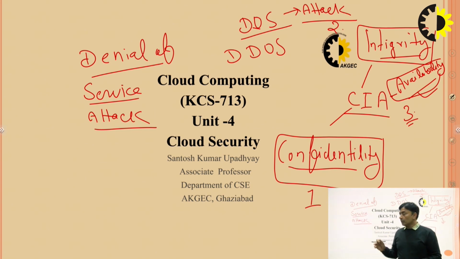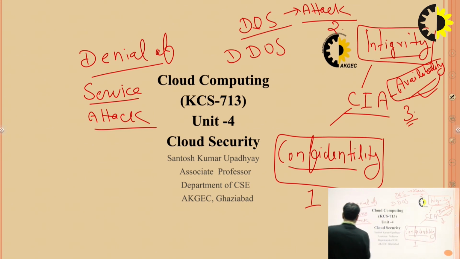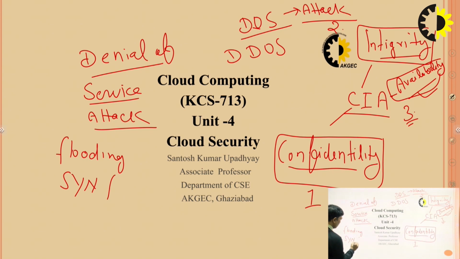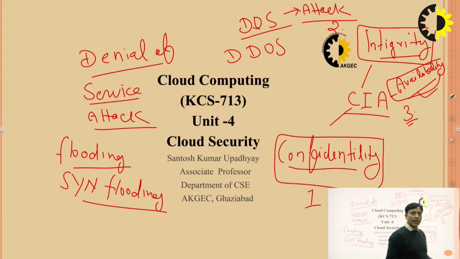So in a denial of service attack, there are a number of ways, like flooding, SYN flooding. In this, the attacker sends many packets to the server, just wanting to establish a connection to the server.